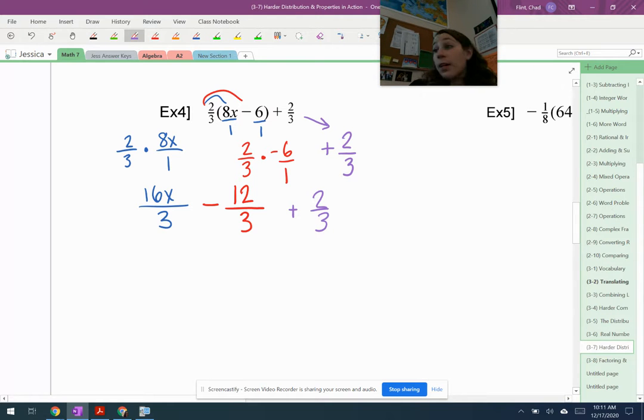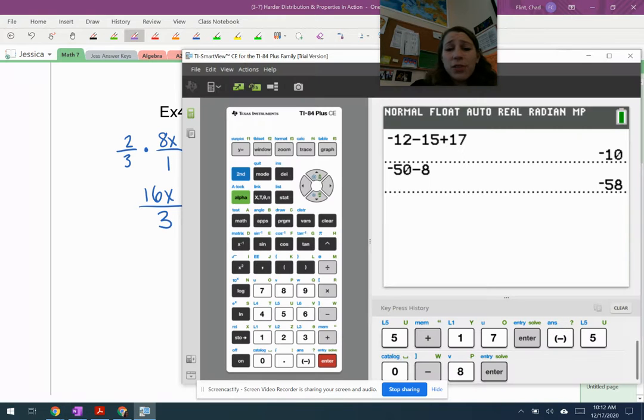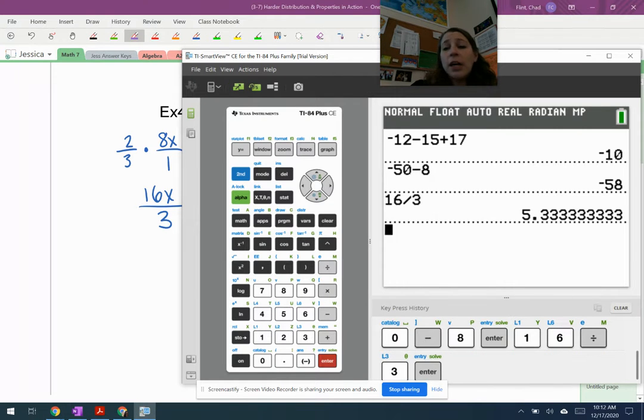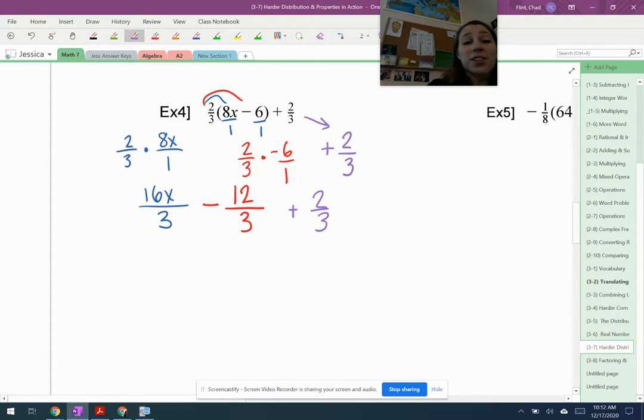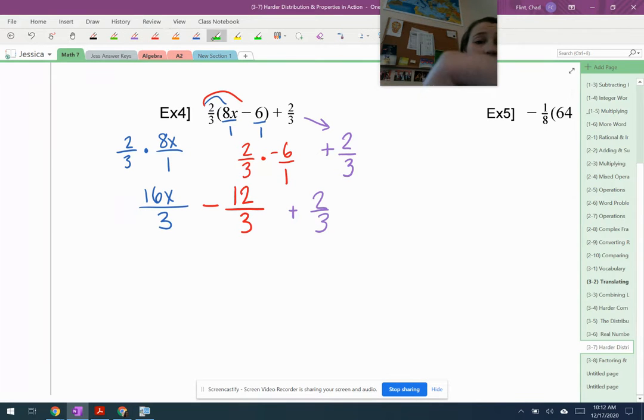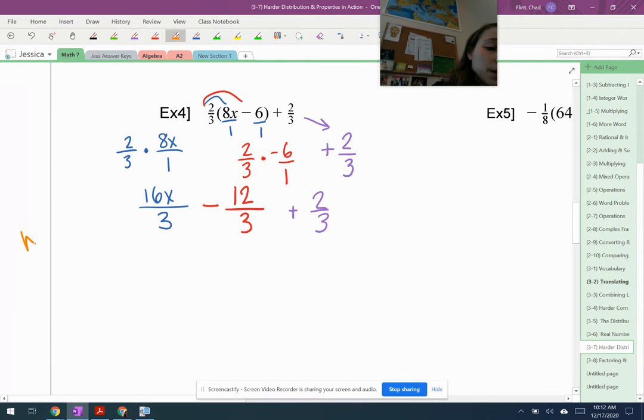All right, so now I can check to do some simplifying here. 16 over 3, I'm not thinking that's going to be a nice normal number, but let's just check it. Ooh, yeah, if you put 16 divided by 3 in your calculator, you're getting a repeating decimal. We're not going to deal with that, so leave your answer as a fraction. So we're going to make a note of that.